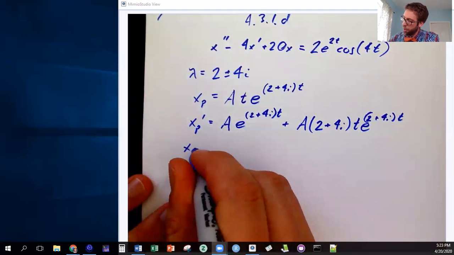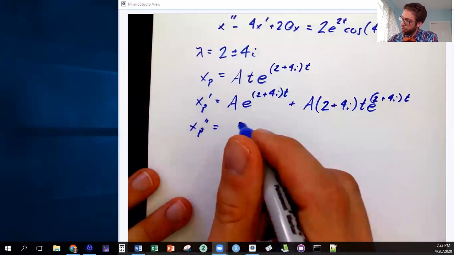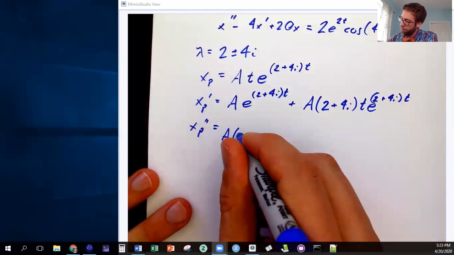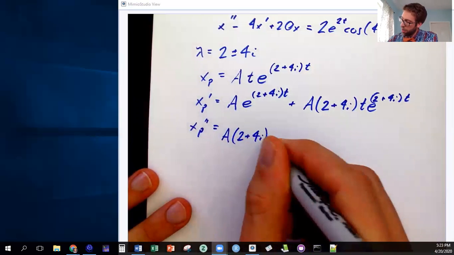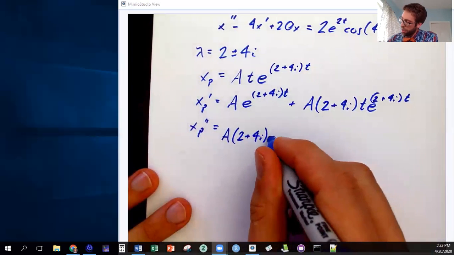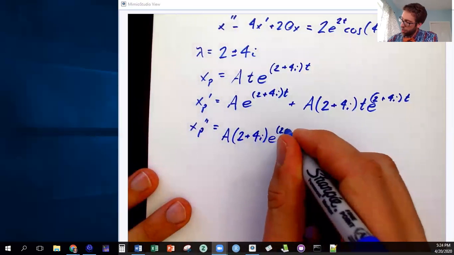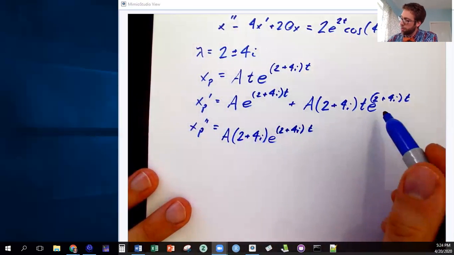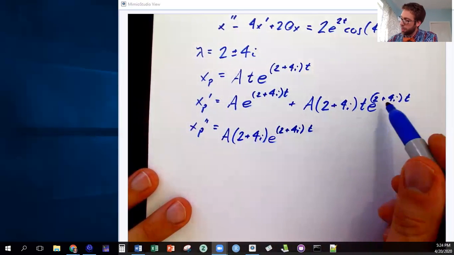So x_p double prime equals, well, here I get a times (2 plus 4i) times e to the (2 plus 4i)t. And I'll take the derivative here. I've got to do product rule because I've got a t there and an e there.